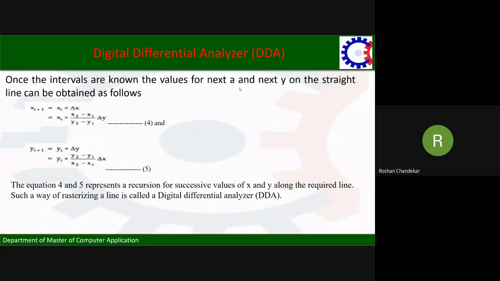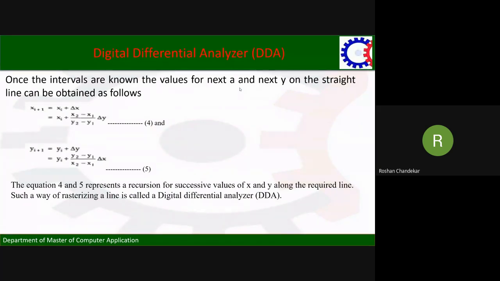And in y also, we write yi plus 1, the point where we are generating the next value, that is yi plus 1 is equal to yi plus delta y. So yi plus the value of delta y, that is y2 minus y1 upon x2 minus x1 into delta x.